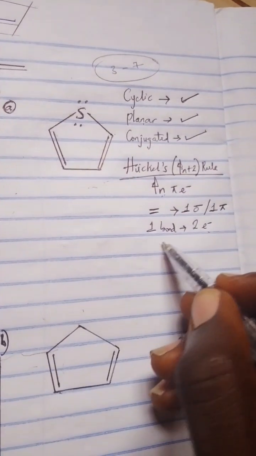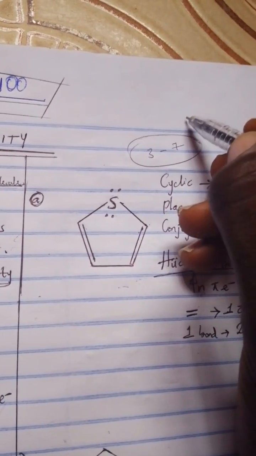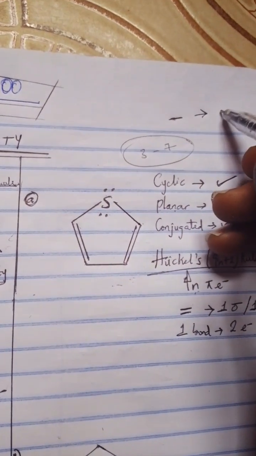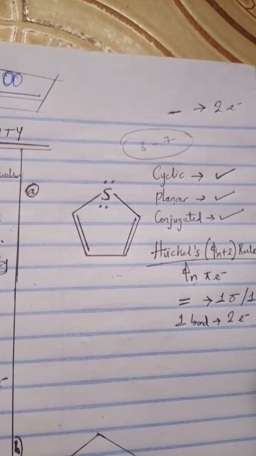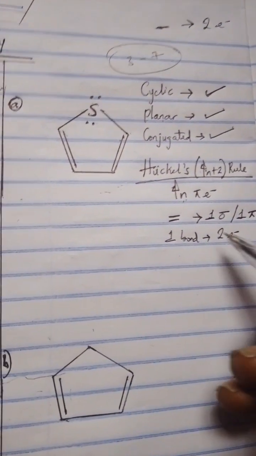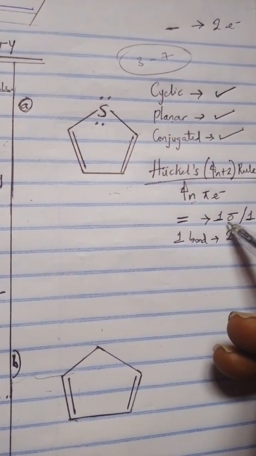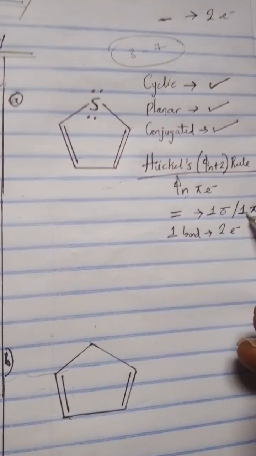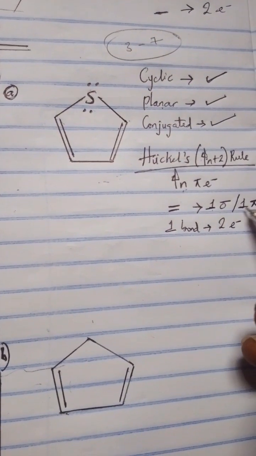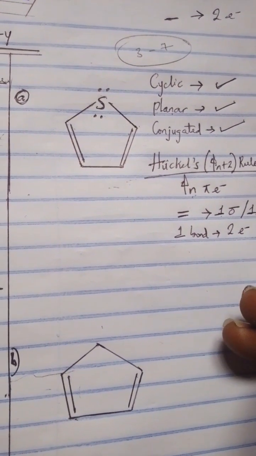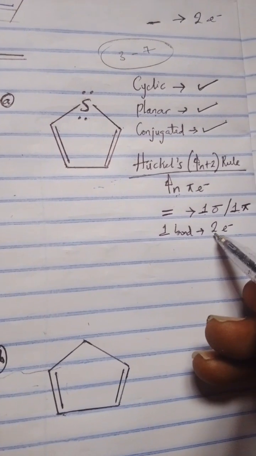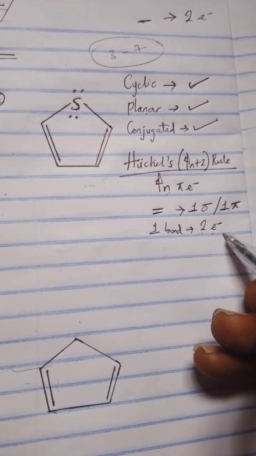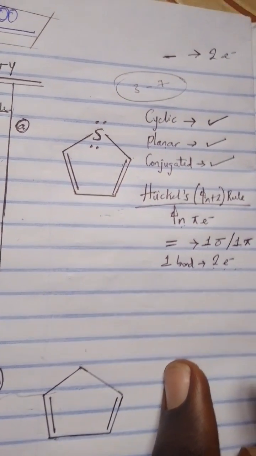Whenever you have one line like this, it simply consists of 2 electrons. And we know that a double bond consists of one sigma bond and one pi bond, and that one pi bond is what we are concerned about. That one pi bond will consist of 2 pi electrons. So that's where it gets interesting.